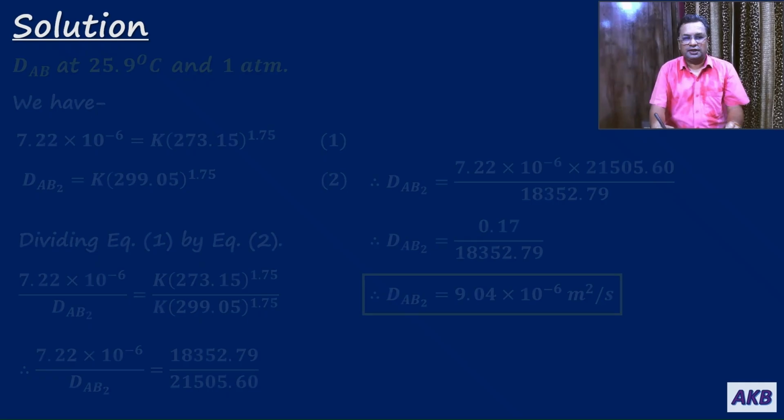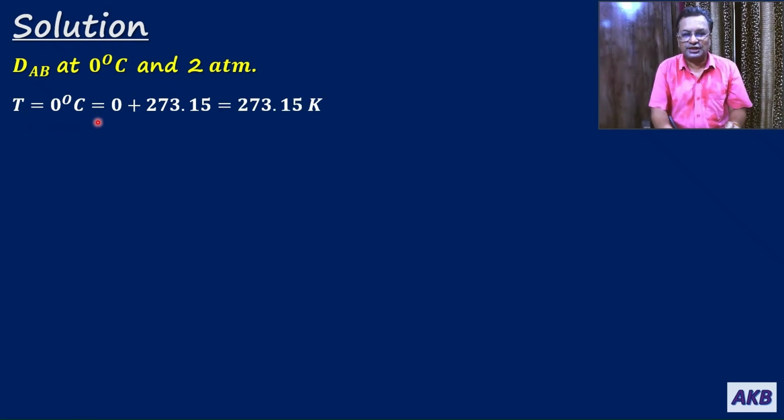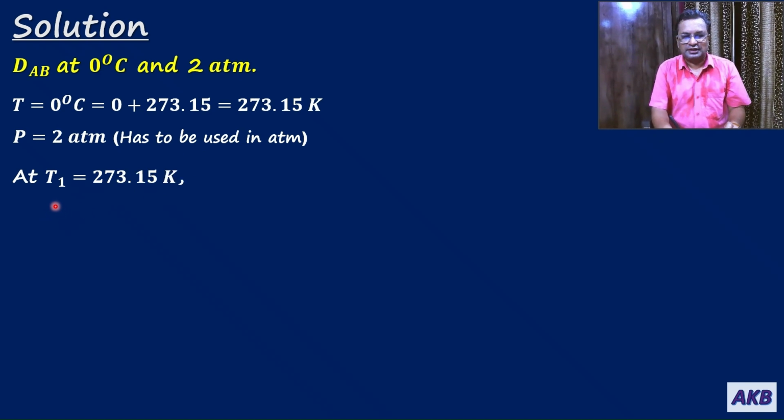Let us move on. Okay, now let us get DAB at 0 degrees Celsius and 2 atmosphere. So in this case, temperature is 0 degrees Celsius, that is 0 plus 273.15, that is 273.15 Kelvin. P is 2 atmosphere. We have to use it in atmosphere. At T1, the first condition, where we calculated at 273.15 and 1 atmosphere, we are going to consider that as condition 1.